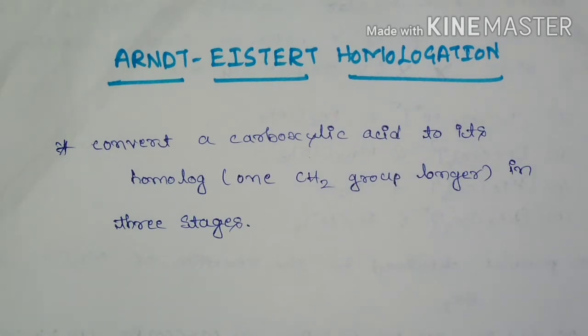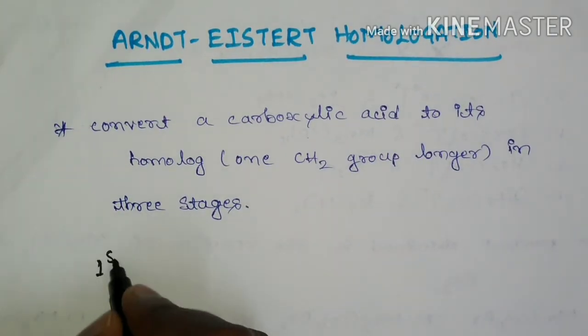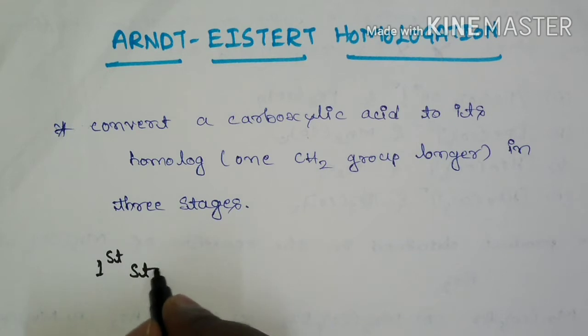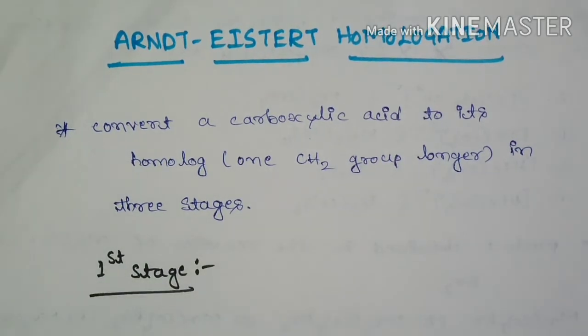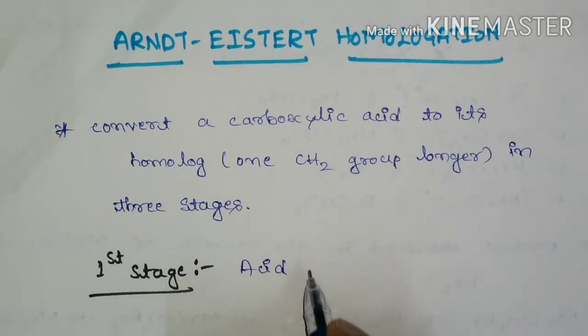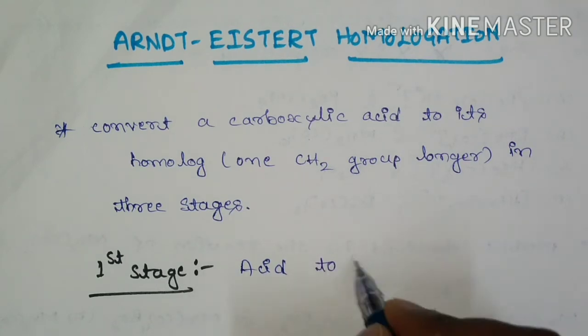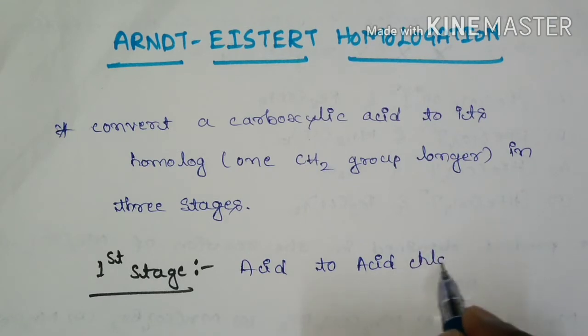So if you look at the first stage, the acid will be converted into acid chloride.